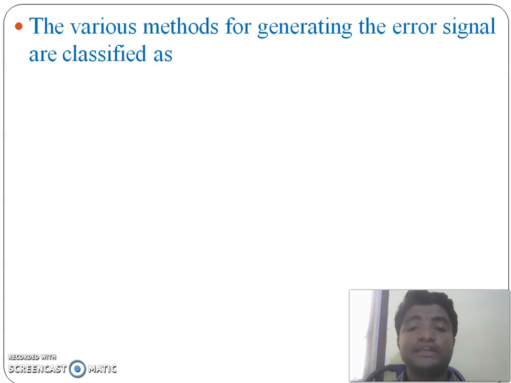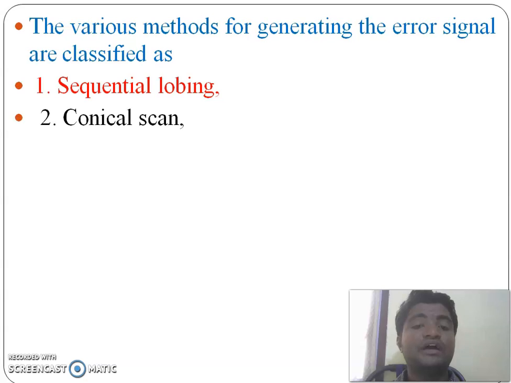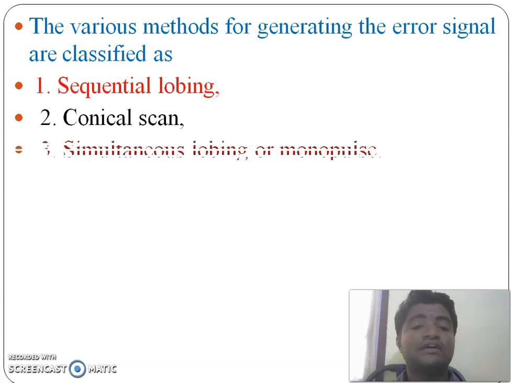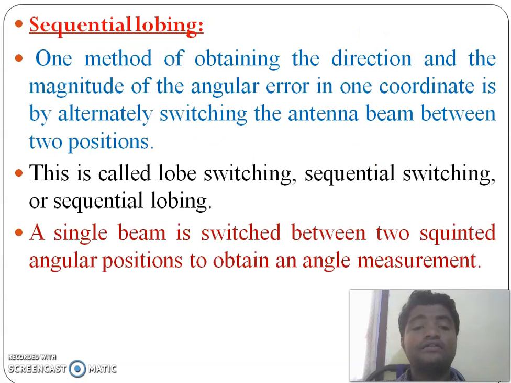There are various methods for generating the error signal: sequential lobing, conical scanning, and monopulse tracking radar. Sequential lobing is one method for obtaining the direction and magnitude of angular error in one coordinate by alternately switching the antenna beam between two positions.